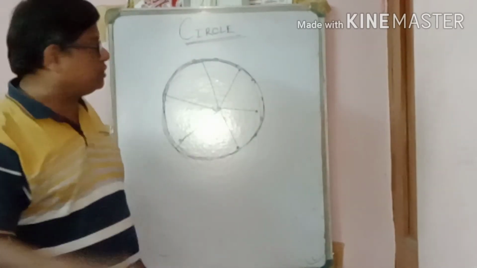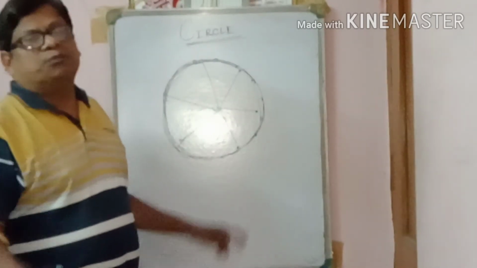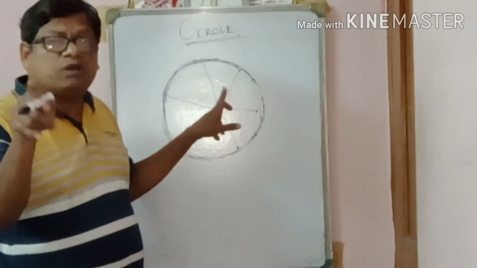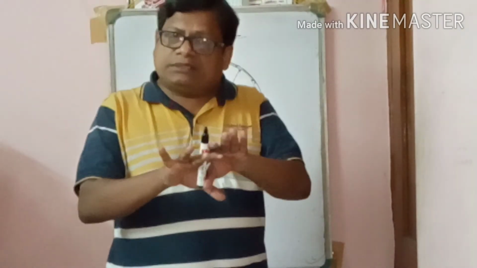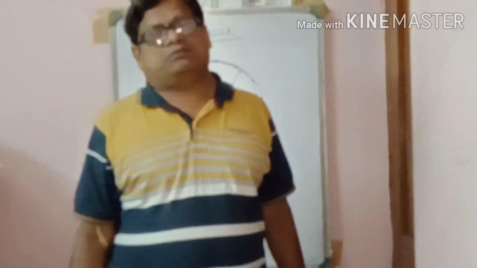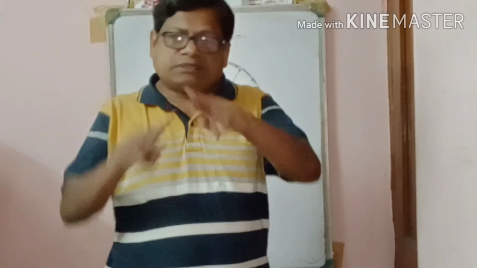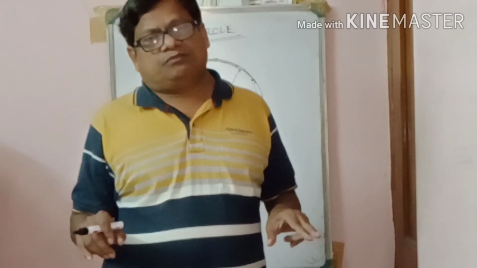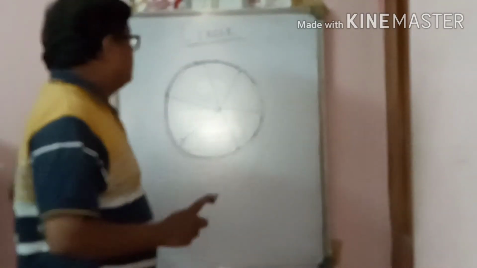Then the locus of the point, meaning the path covered by the point, is called a circle. One bounded figure is coming. So this figure is known as a circle.